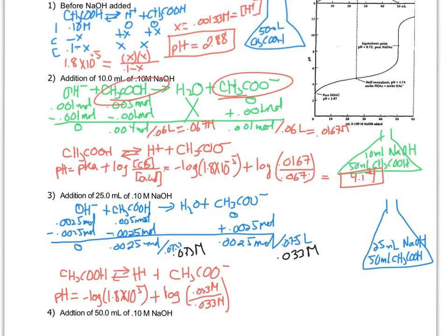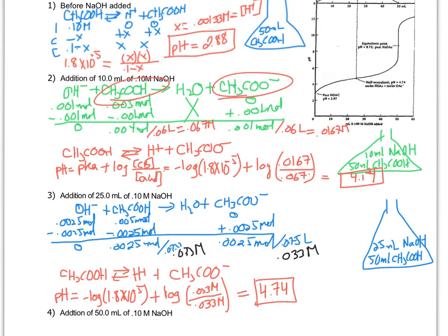Look at that. I have my conjugate base and my acid at the same concentration. So this ratio is equal to 1. Log of 1 is 0. So the pH is equal to the pKa, and so that is going to be equal to 4.74.